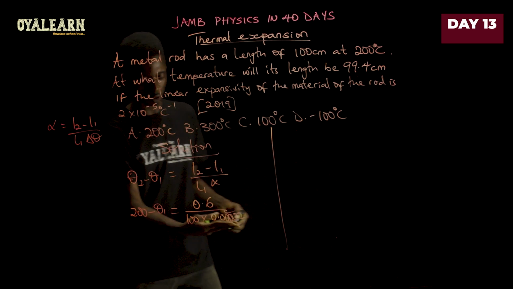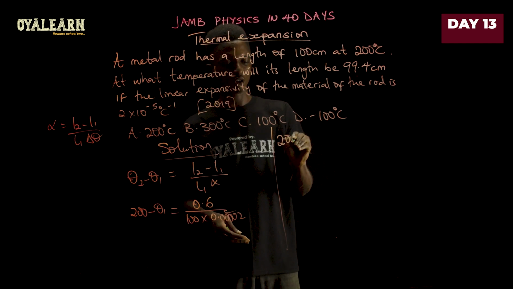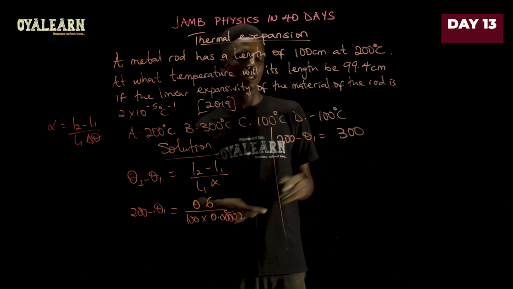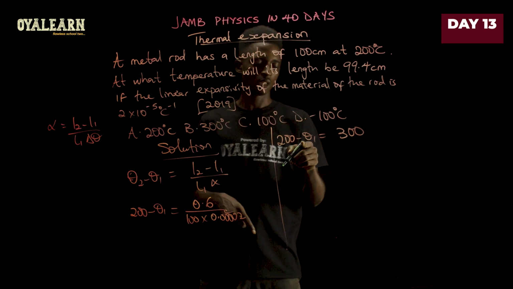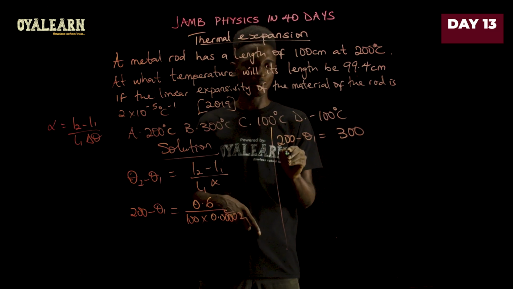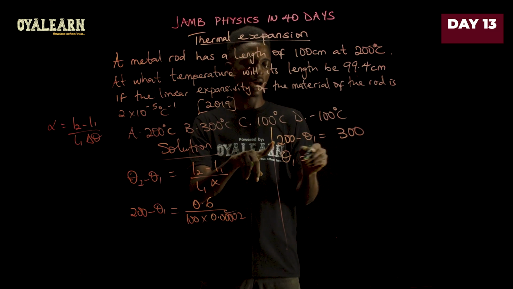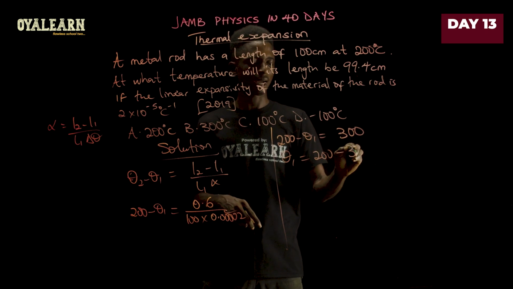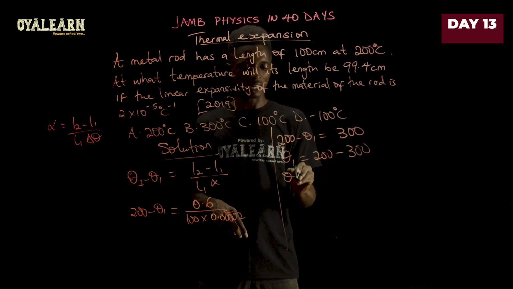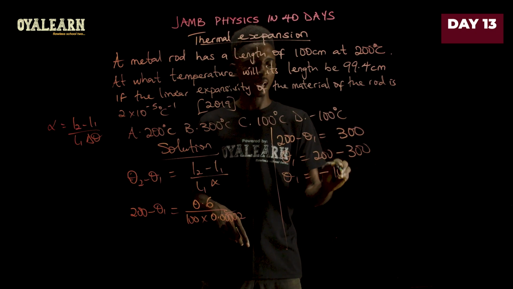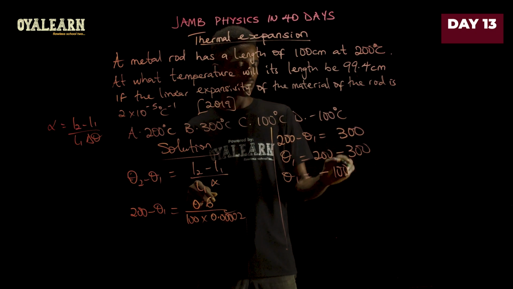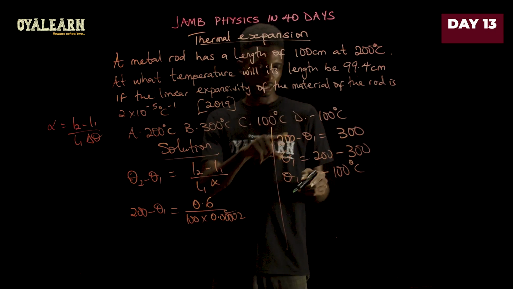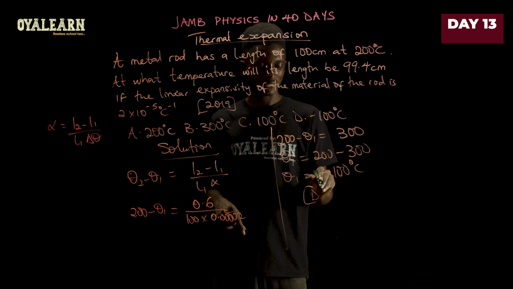Now, when you apply this with your calculator, you see that 200 minus theta 1 is going to give you 300 here. Now, let's find theta 1. So, take negative theta 1 to the other side, it becomes positive. And then what we have here is 200. And then when 300 comes this way, it becomes negative. So, minus 300 here. So, theta 1 is going to give us minus 100. And we are measuring in degrees Celsius, so we apply that here. So, when we consider the options, we see that the answer is D.